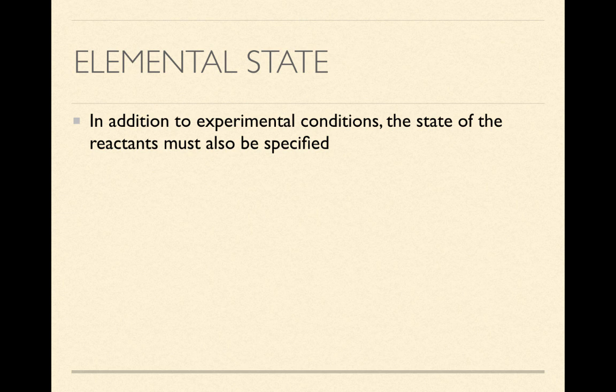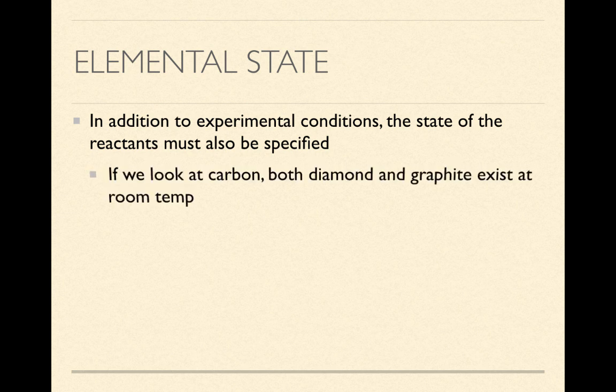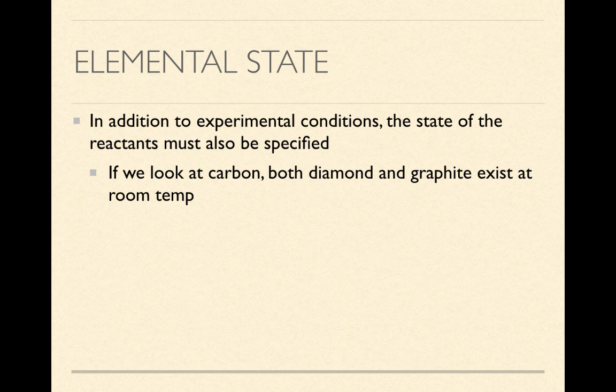But in addition to experimental conditions, the state of all the different reactants does have to be specified, and by this we mean the physical state. We talked about carbon. We know that both diamond and graphite exist at room temperature, and if we look at the delta H° for each form, we see that the delta H for graphite is 0, and the delta H for diamond is 1 point something, maybe 1.5 or 1.6.